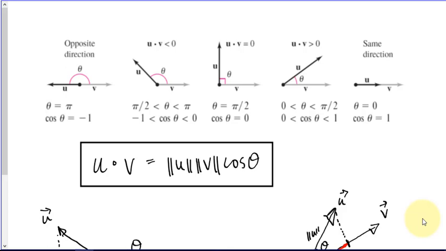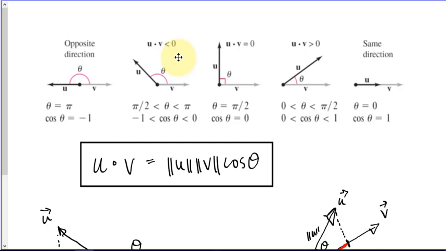You might have an instance where, let's say, the angle was 180. So I'm looking at this picture here. If the angle is 180 degrees between those vectors, then the cosine is going to be -1. And when the cosine is -1, you can see that the dot product corresponds to just the magnitudes of the vectors times each other times a -1.